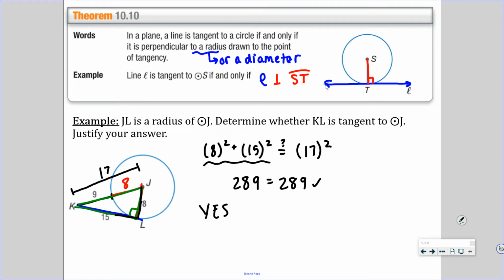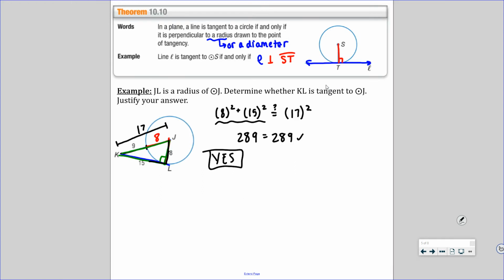yes. That means this has to be a right triangle, meaning that radius JL is perpendicular to the point of, or perpendicular at the point of tangency at point L, perpendicular to the tangent line, however you want to say it.